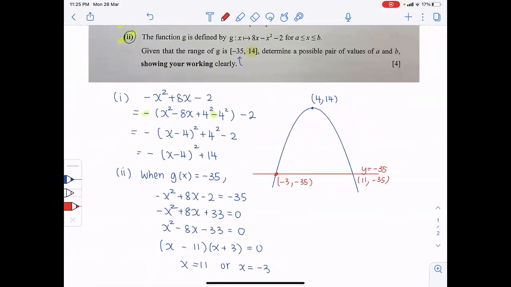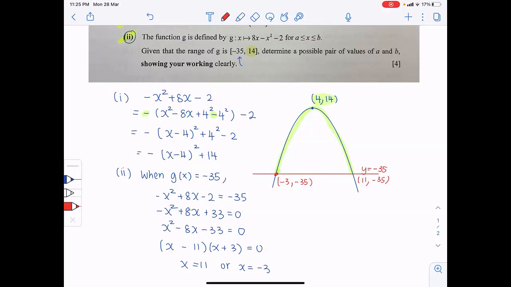I didn't draw the x and y axes because they are optional. You see, right, you want the range to be minus 35 all the way to 14 inclusively. They only ask you to determine a possible pair, which means the answer is actually open-ended, right? So you can see that if your range is between minus 35 and 14, as long as your x is somewhere between minus 3 and 11 will do, and you need to include the maximum point.